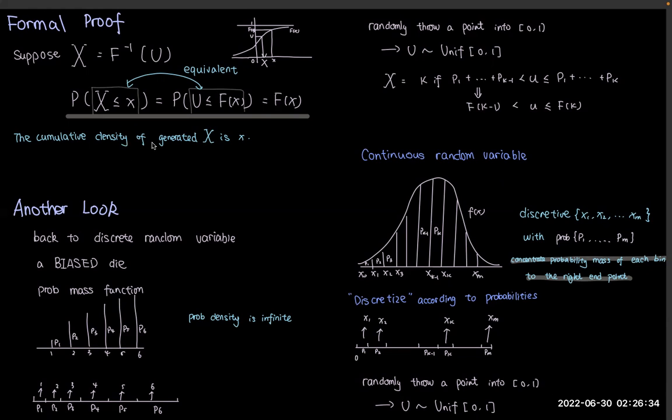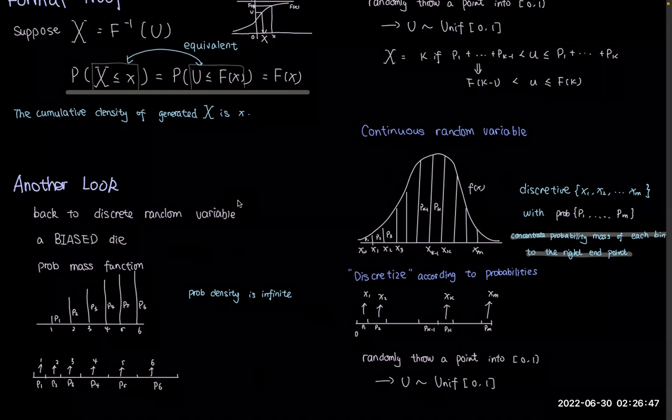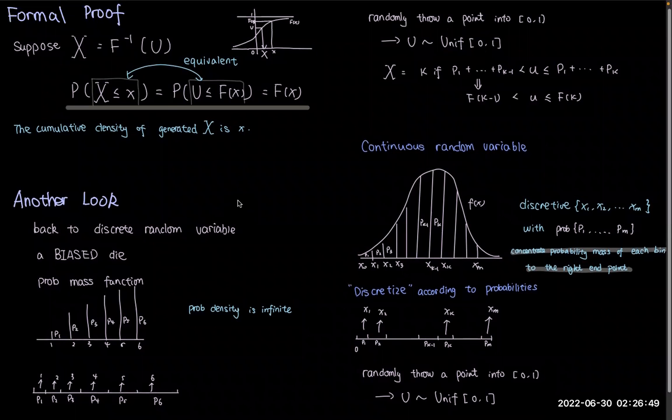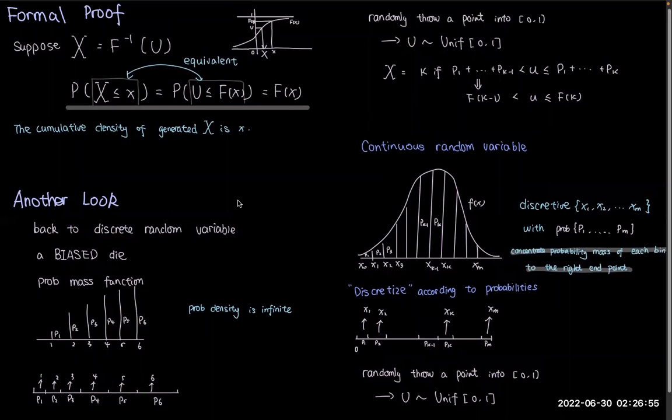So the cumulative density of generated X is not a small x, it is big F of x. Sorry for the typo. So this is how we understand the inversion method and how we formally prove that the inversion method indeed generates random variables that follow the desired density.